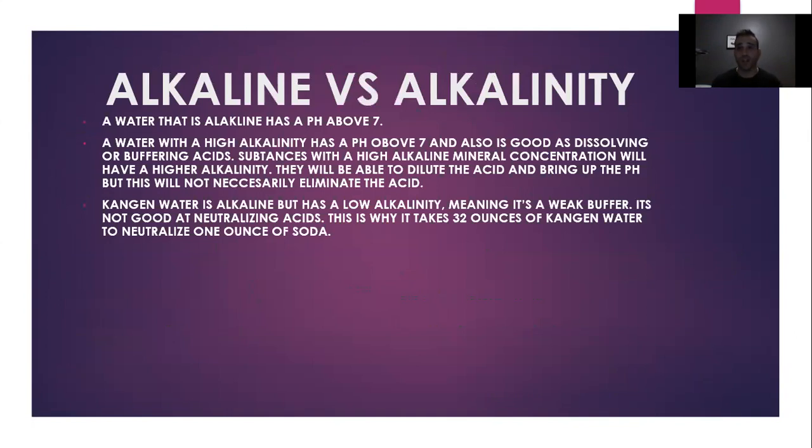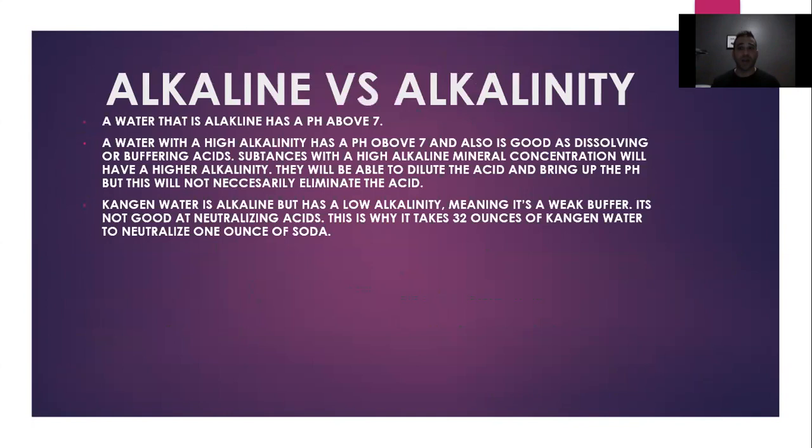Like I just said, if something with a low alkalinity is faced with or mixed with a strong acid, it's not going to raise the pH of that acid. It won't have the alkalinity to do so.